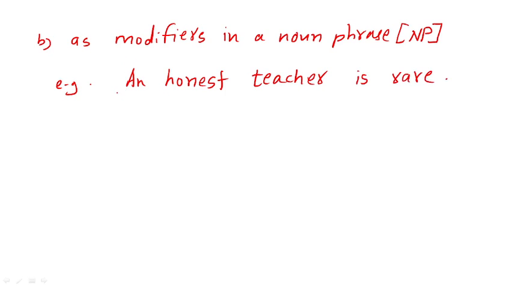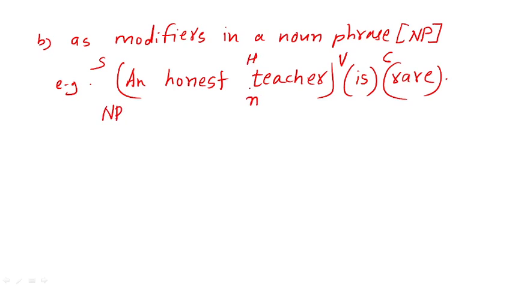Now the basic sentence pattern of this sentence is subject, verb and complement. Now look at this, an honest teacher. This is NP. Why is it NP? Because its head is a noun.